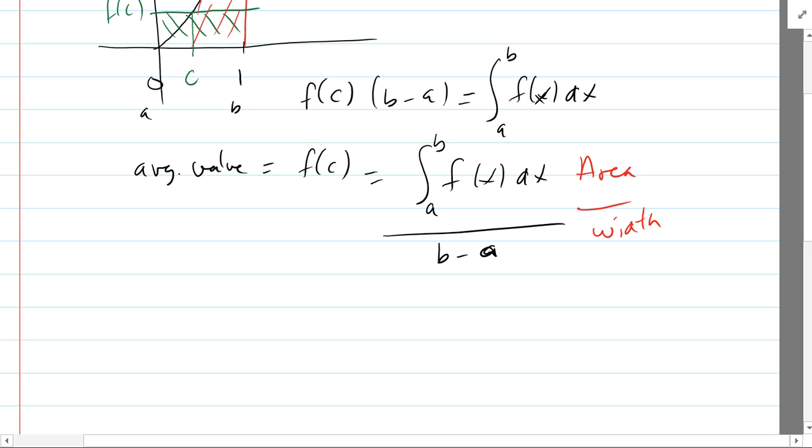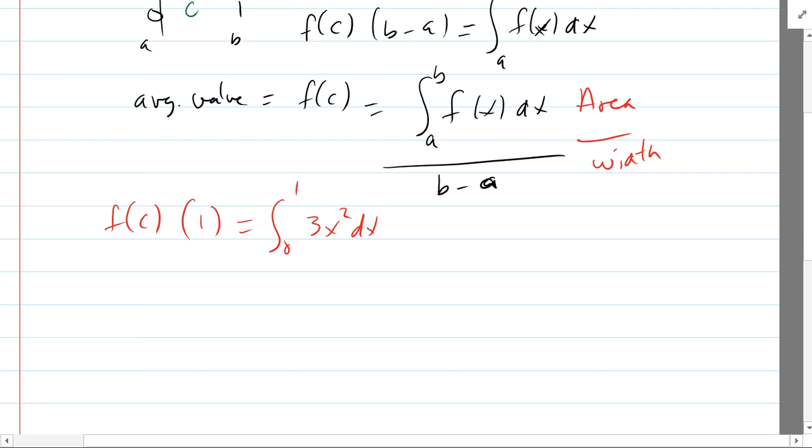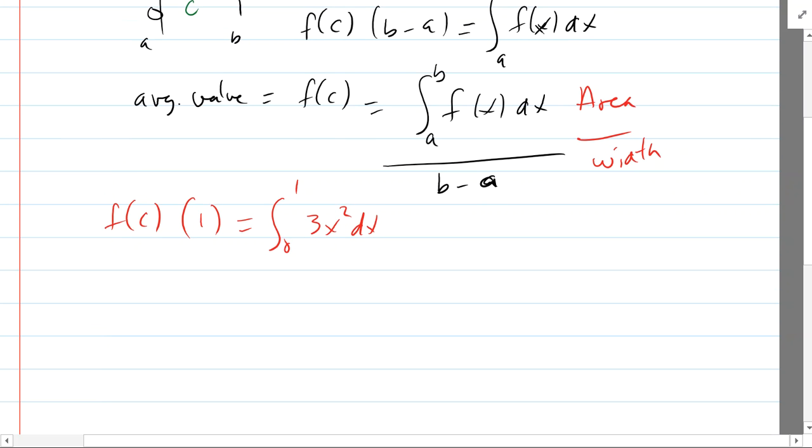First off, to find that average value, that f of c, we're going to find that first, right? So we got f of c times b minus a, which is 1, right, is equal to the integral from 0 to 1 of 3x squared dx, right? What's the antiderivative of 3x squared?